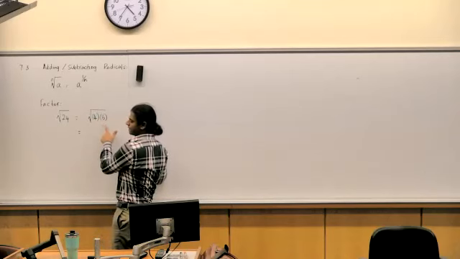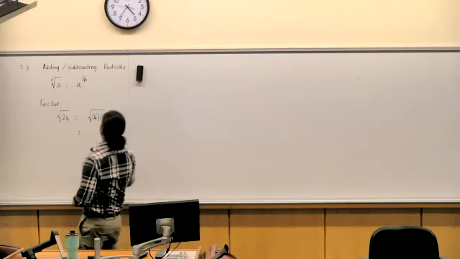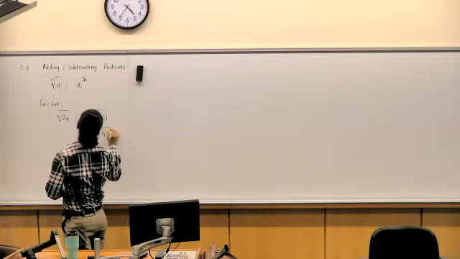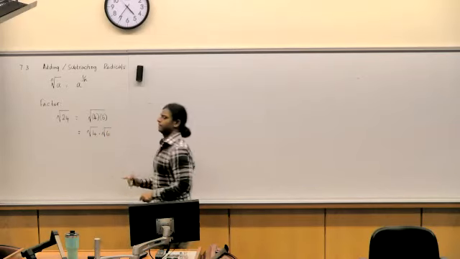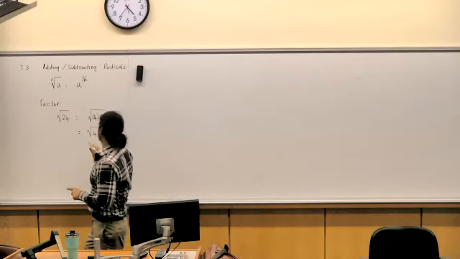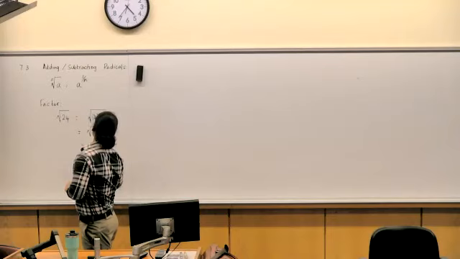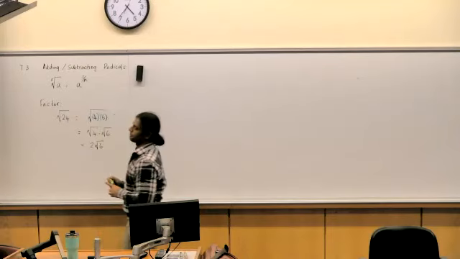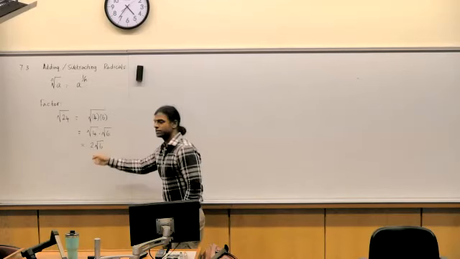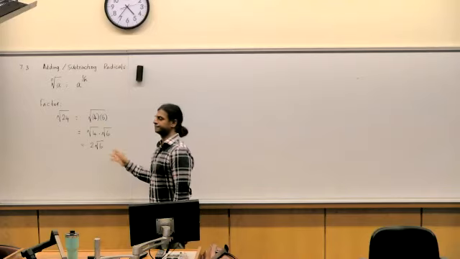Since we have a product, I could apply the radical to each term. Nothing I could do about that root 6. But what is root 4? 2. So I can write square root of 24 as 2 times root 6. Yes?